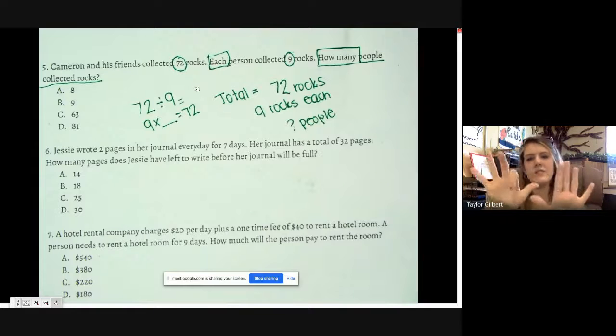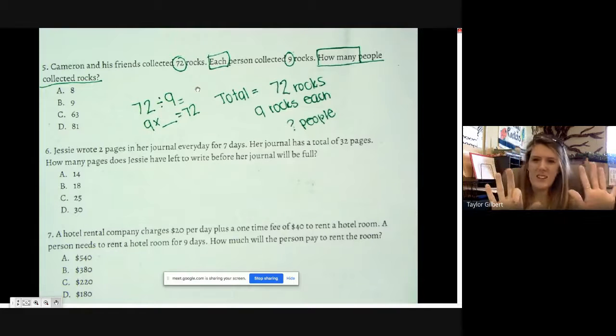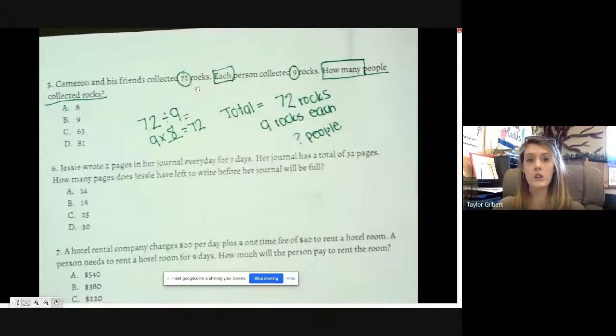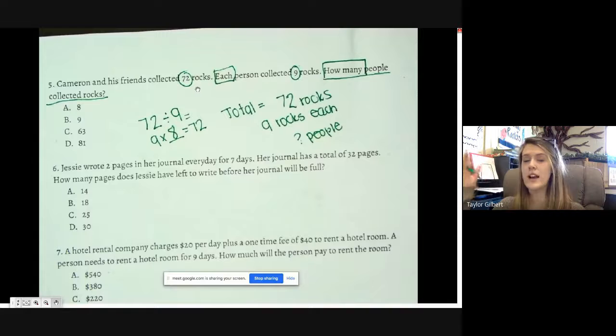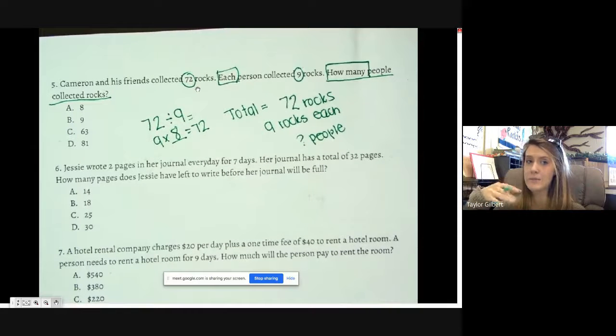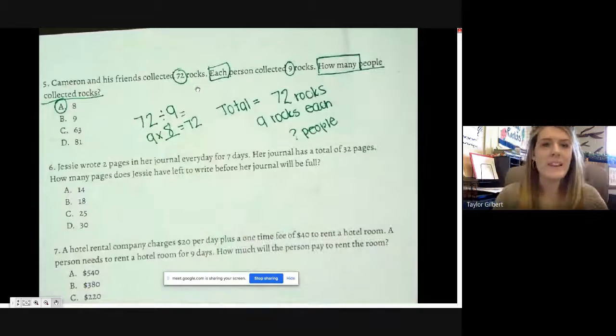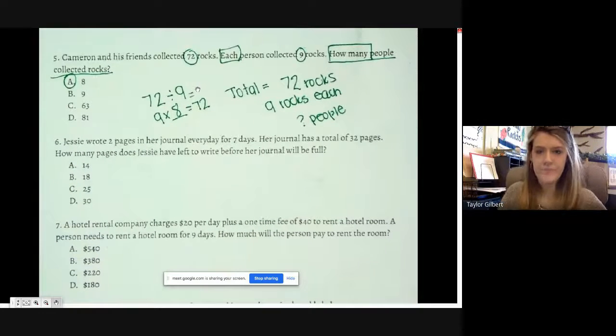If I put down my 7th finger, 63. What if I put down my 8th finger? 72. So 9 times 8 is 72. You could also check that with your 8s. Count by 8s 9 times and see if you get the same thing. And you should have, meaning that the answer is A.